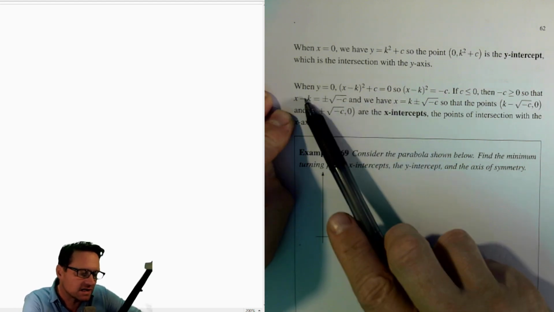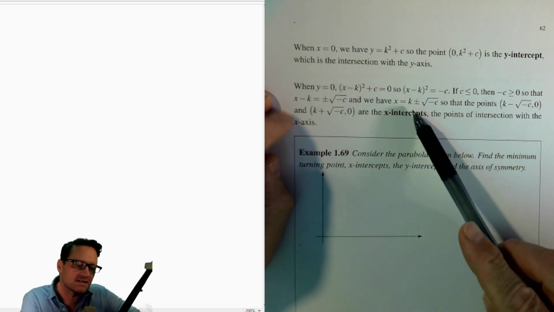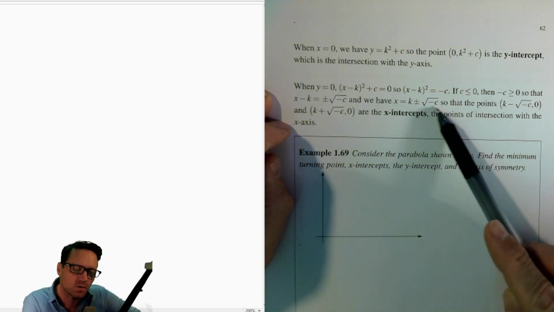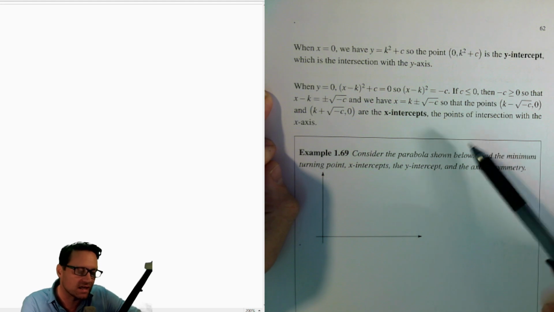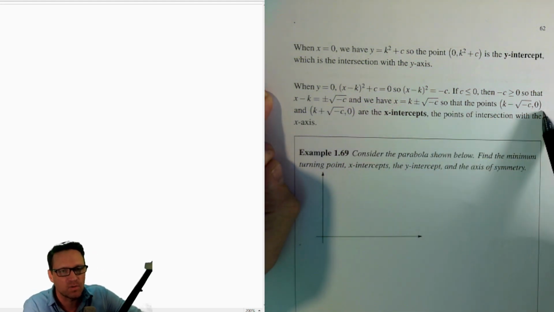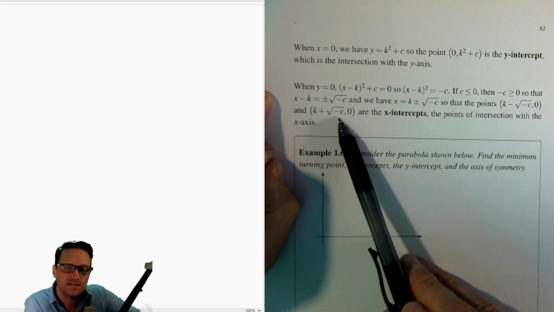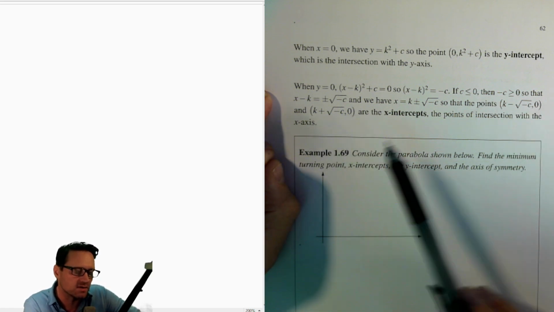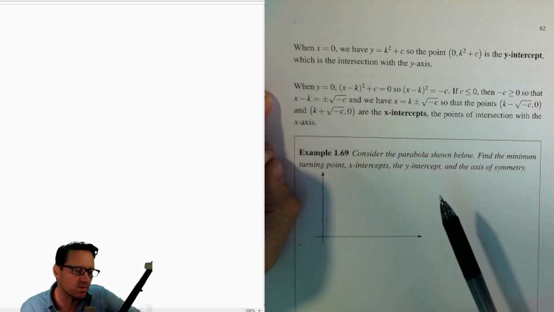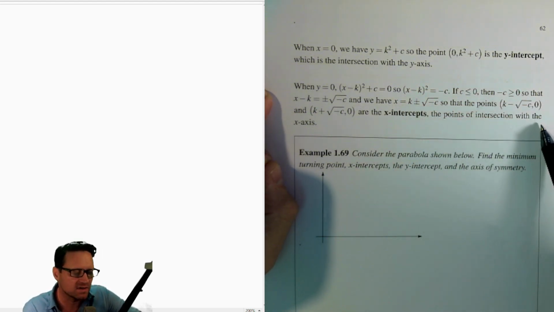Taking the k over to the right-hand side, adding k to both sides, x is equal to k plus or minus the square root of minus c. Remember, what we're doing here is solving for x when y is 0. So we have the points (k minus the square root of minus c, 0) and (k plus the square root of minus c, 0). These are our two x-intercept points, with the plus or minus there. So these are the points of intersection with the x-axis.